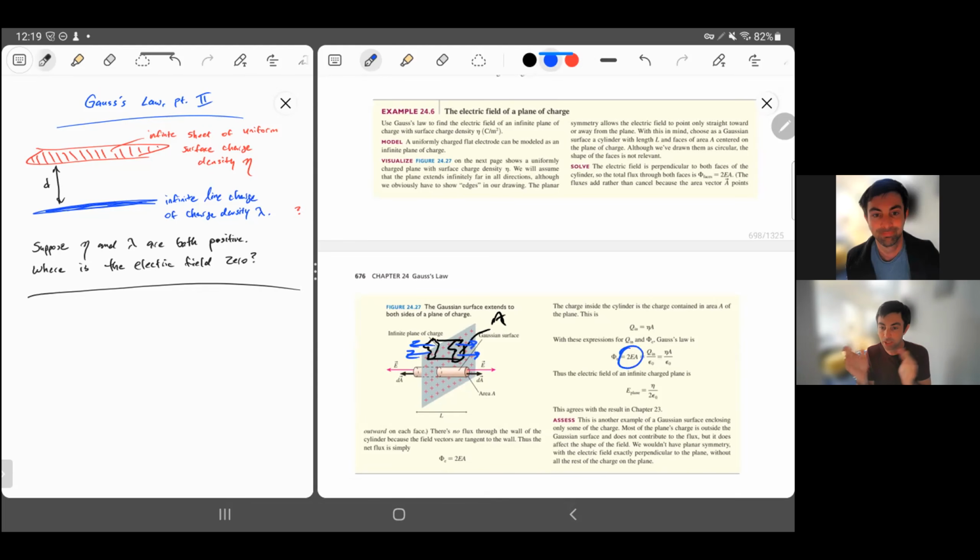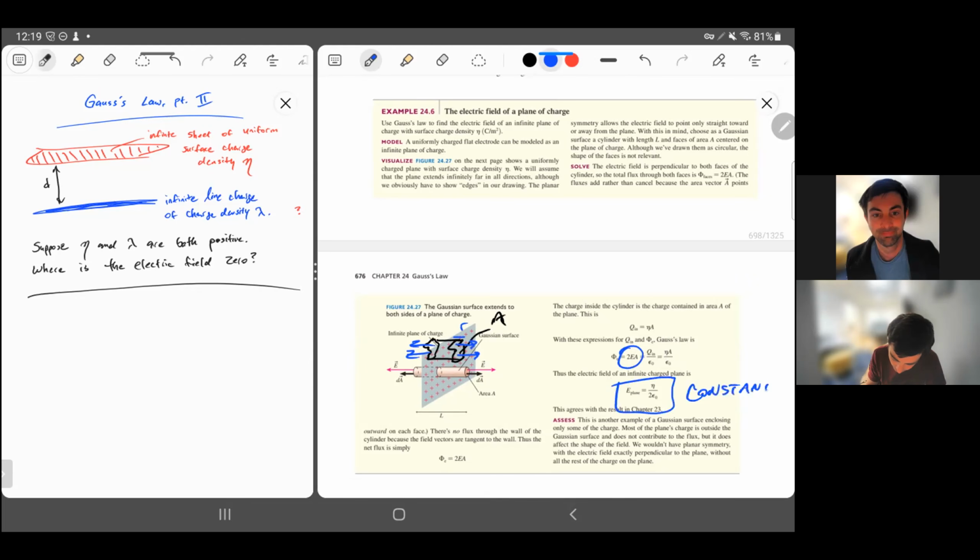If each end cap has area A, it's 2A times the electric field at maybe some radius. So we're thinking that the electric field could depend on that distance. So E maybe is a function of r. And then the enclosed charge is eta, charge per unit area, times the area. So eta times A. And then what you get here is that the electric field from the plane of charge is actually a constant, which is surprising.